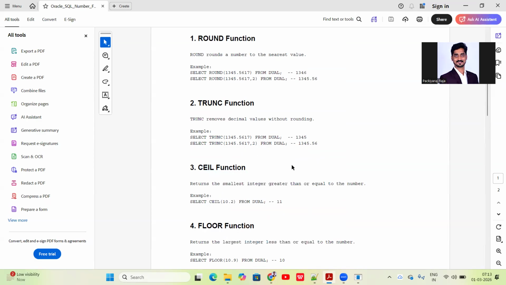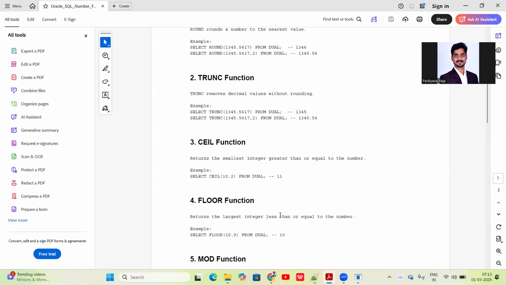Then the ceil function. It will go to the nearest higher integer. If you give 10.1, it will go to the next highest integer, 11. Floor is the opposite of ceil. It goes to the lowest integer.